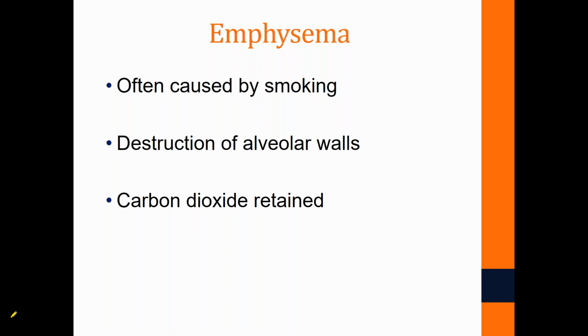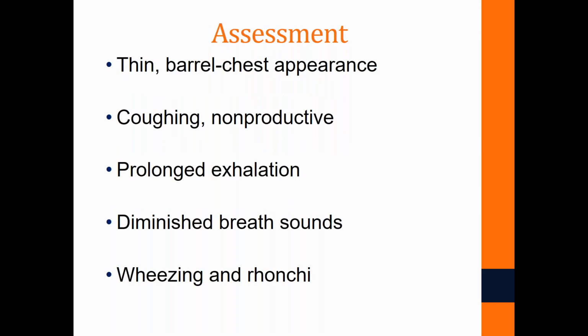So one of our vital signs, when we take our pulse oximetry probe and we put it on our patient's finger, that number is going to be low. It's going to be particularly low. And they'll probably be on some home oxygen or have a long-standing history that they can tell you all about. But here's some of what our assessment's going to show us.